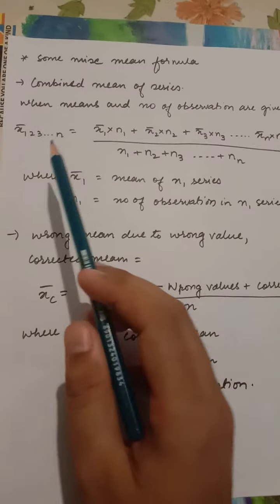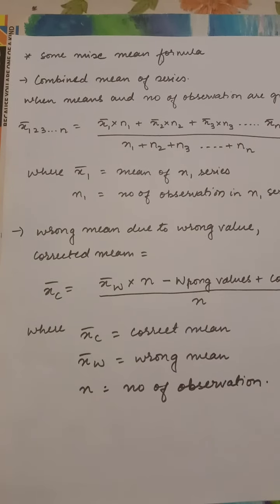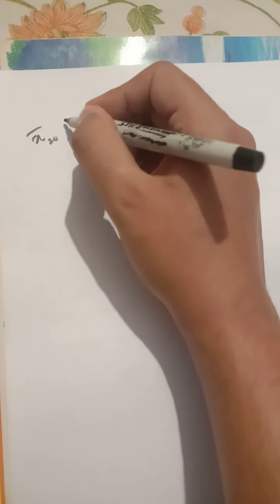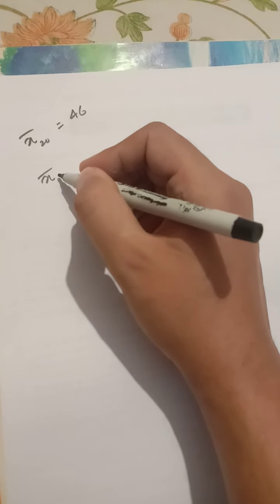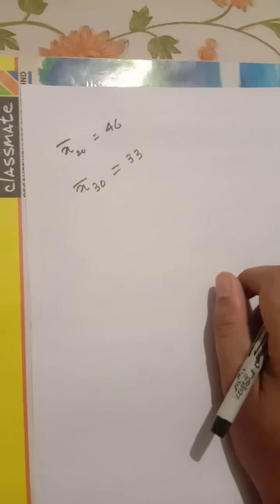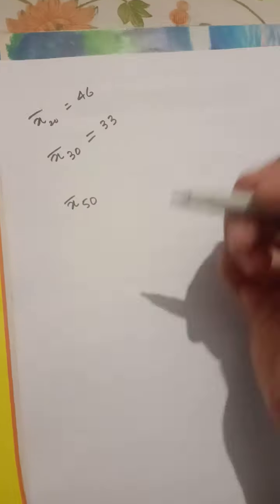For the combined mean, suppose the data is given, for example, the mean of 20 observations is 46 and the mean of 30 observations is 33. So we have to find the mean of 50 observations, that is the combined mean.